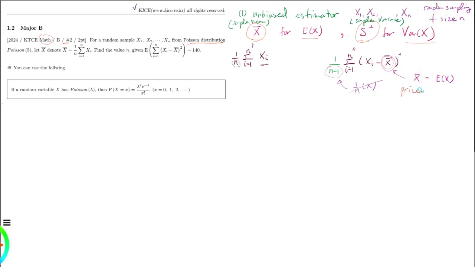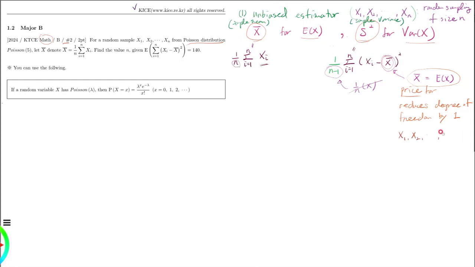The price for the sample mean being the population mean is that it reduces the degree of freedom by 1.